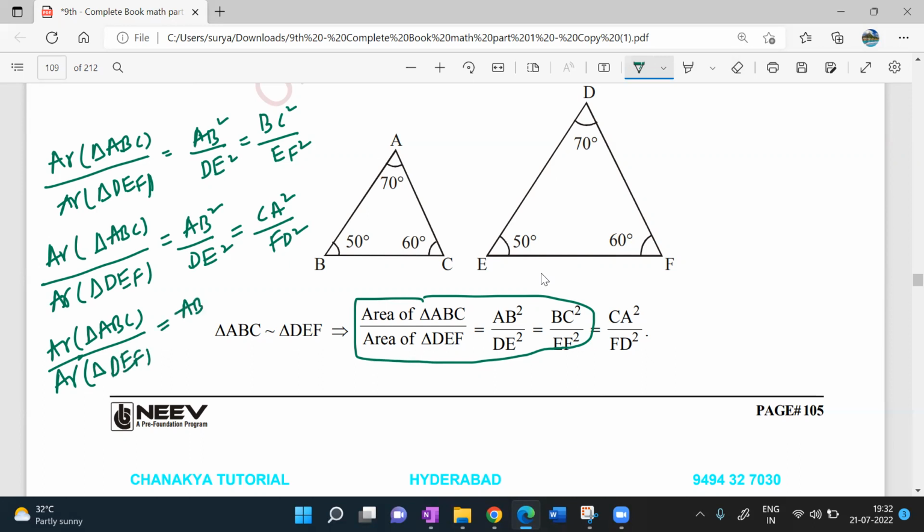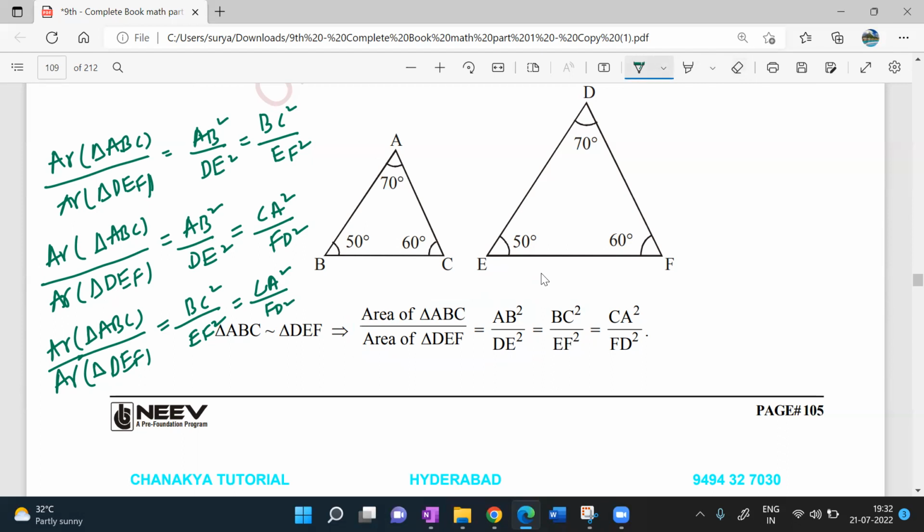So you can say AB square by DE square is equal to, or this can be AB square by EF square is equal to CA square by FD square. Understand my point?